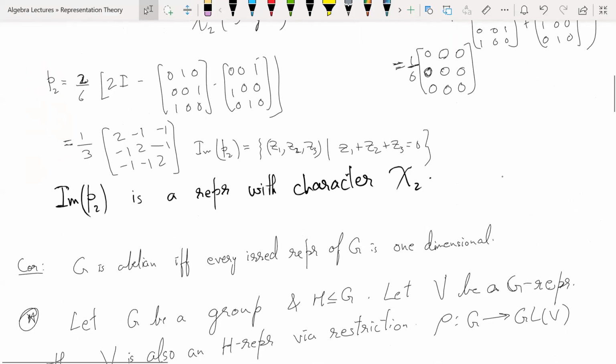So last time we also saw that G is abelian if and only if every irreducible representation of G is one-dimensional.